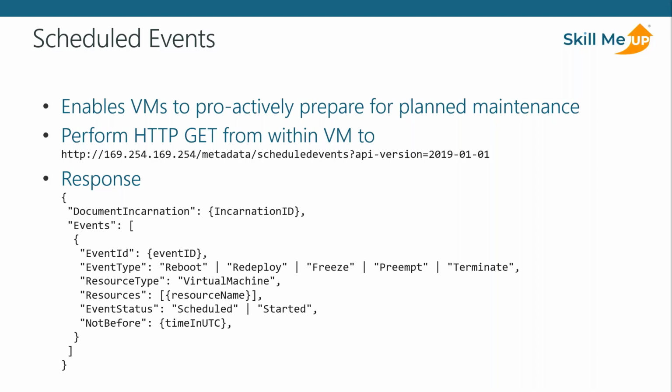If you're very sensitive to even those short VM freezes, then your VM should implement some kind of polling against this API. The idea being that this enables the VM to take preemptive action against those kind of changes, those kind of pauses and so on.